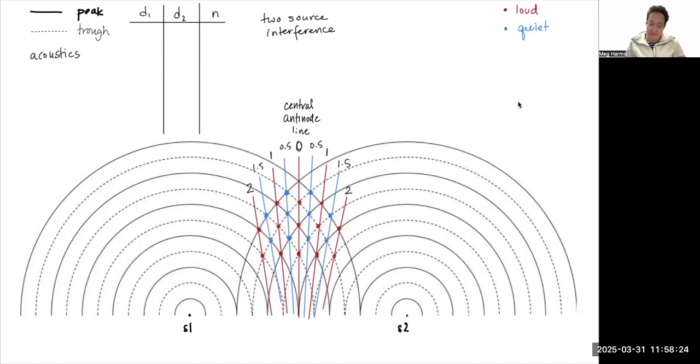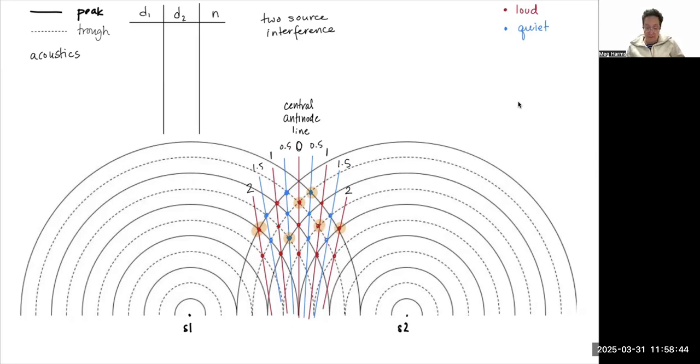So I'm going to pick a couple of points for us. Let's pick this one, this one, this one, this one, and this one. Throw in one more quiet. All right, I'm going to work these left to right.